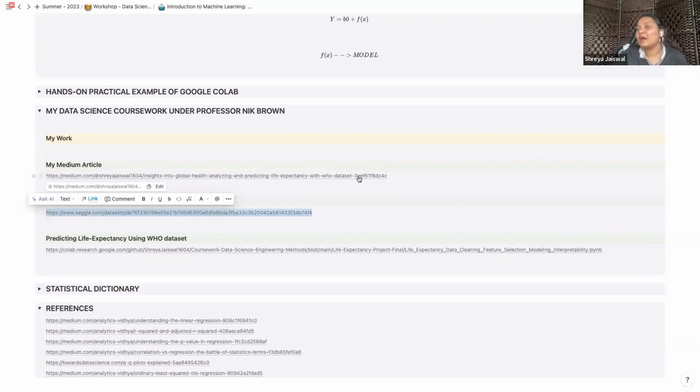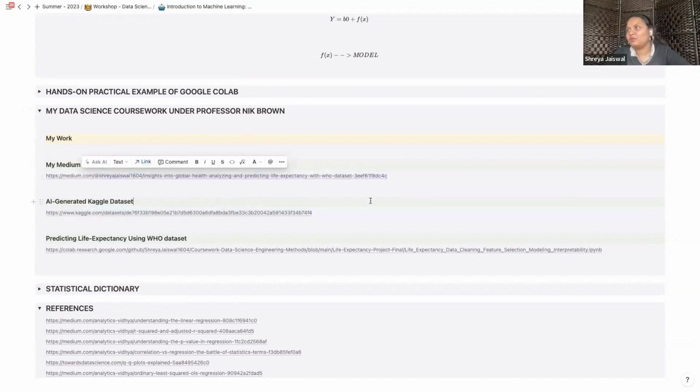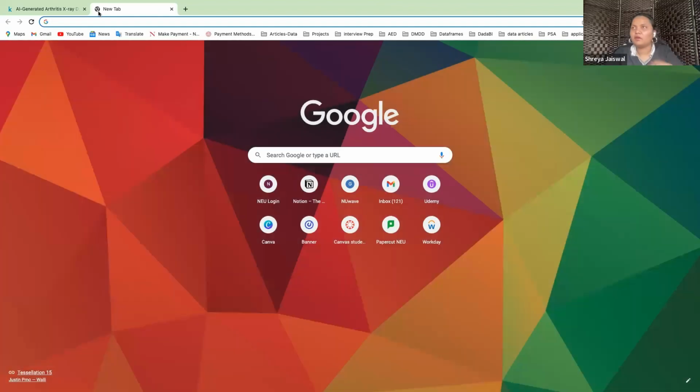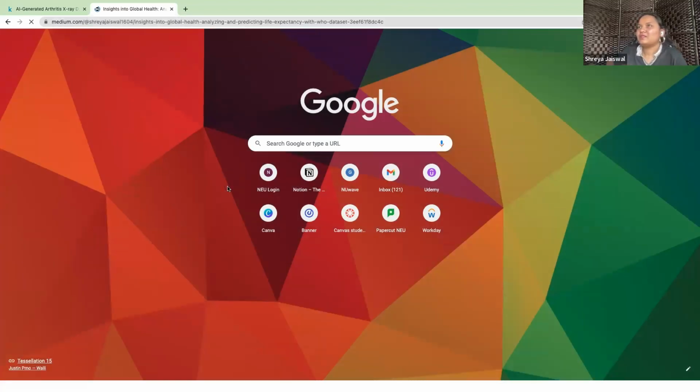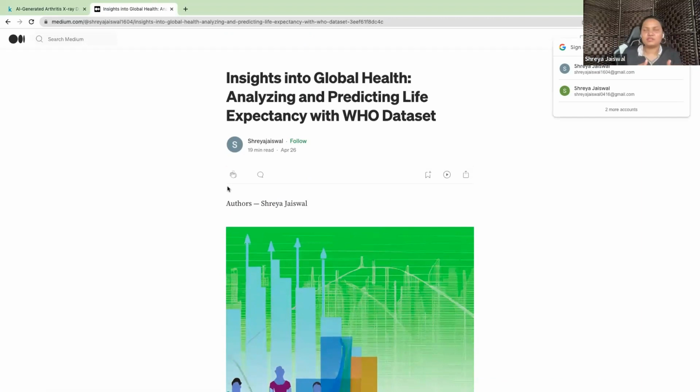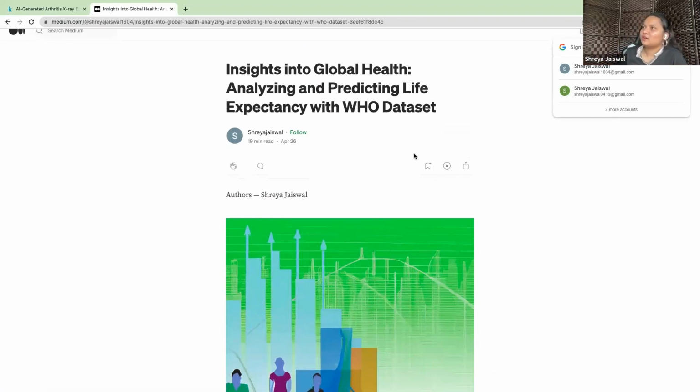Then my actual work was with regard to life expectancy. You can find this particular article as well. Today I was explaining more about the health insurance part, while this article is more towards predicting life expectancy, and this is a huge data set.